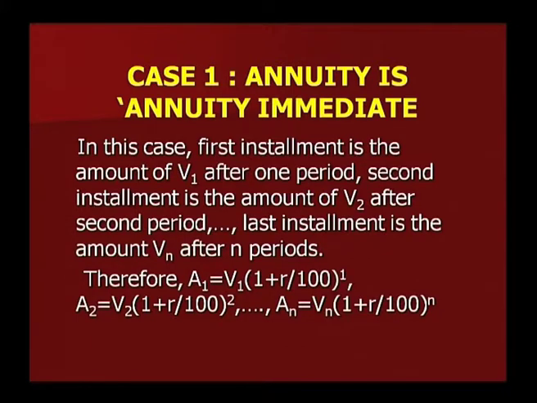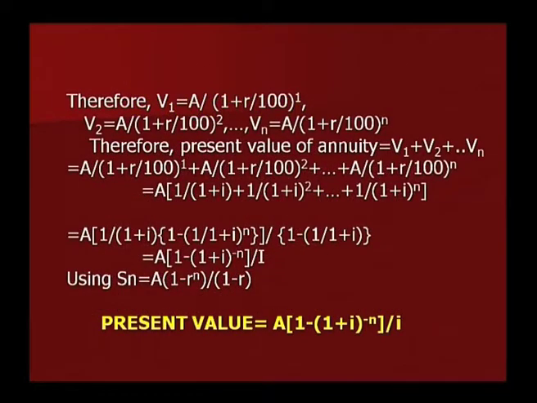Therefore, A1 = V1(1 + r/100)^1, A2 = V2(1 + r/100)^2, An = Vn(1 + r/100)^n. Therefore, V1 = A/(1 + r/100)^1, V2 = A/(1 + r/100)^2, and so on. Vn = A/(1 + r/100)^n.